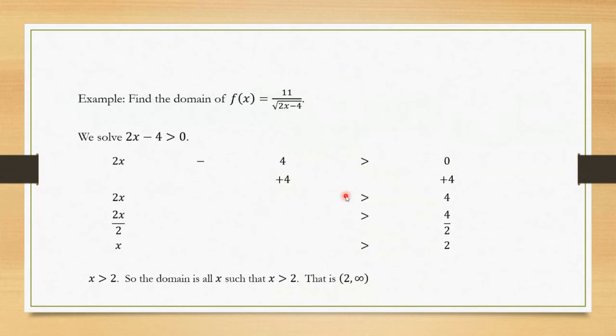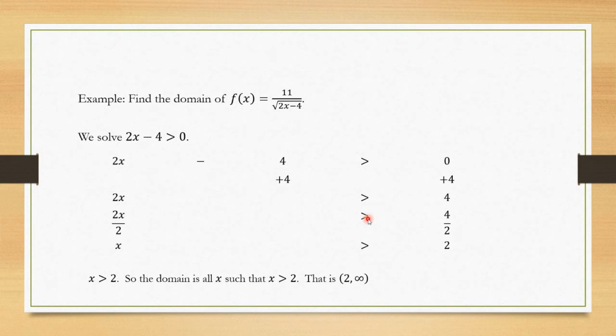We add 4 to each side. It's just like an equation. You want to get x all alone. Get the 4 out of there by adding. What you do to one side, you do to the other. Keep it balanced. We have 2x greater than 4. From here, we don't want 2x, we want x, so we divide both sides by 2. The inequality we leave alone.